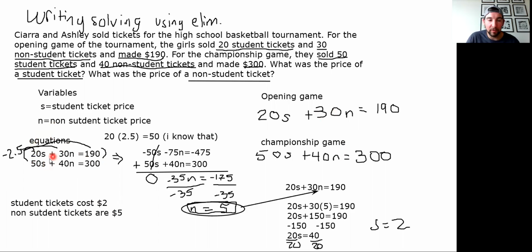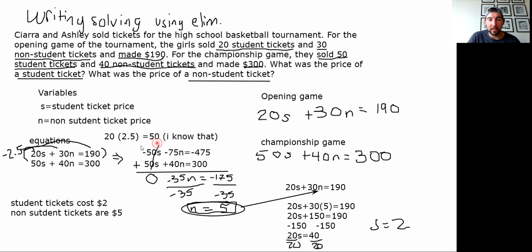With the elimination method, we need to get them to be opposite. So this was plus 50. I needed this s to be negative 50. To get to negative 50, I multiplied everything on top by negative 2.5. Negative 2.5 times this, negative 2.5 times that, and negative 2.5 times that.